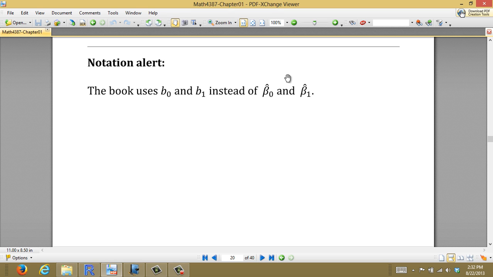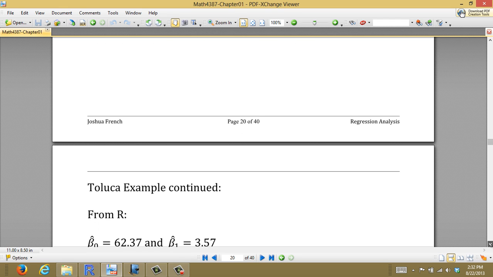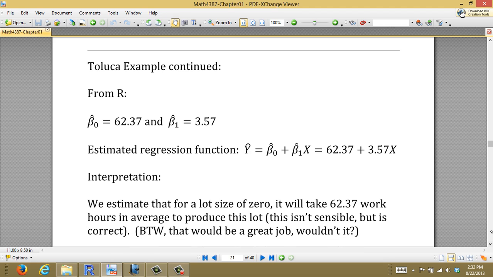So to stick with the typical convention, I'm going to use beta naught hat and beta 1 hat in my lecture notes and examples, as opposed to the book's notation of b naught and b1, where the two things are equivalent. Hopefully that won't confuse you, but I wanted to make you aware of the slight distinction in notation.